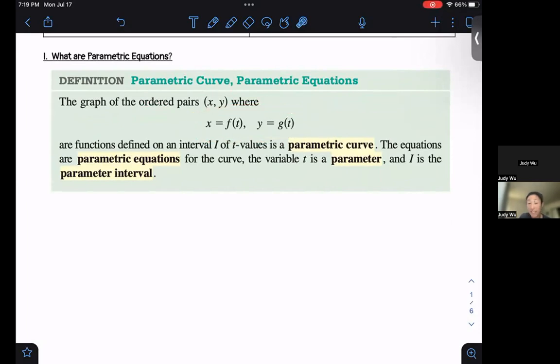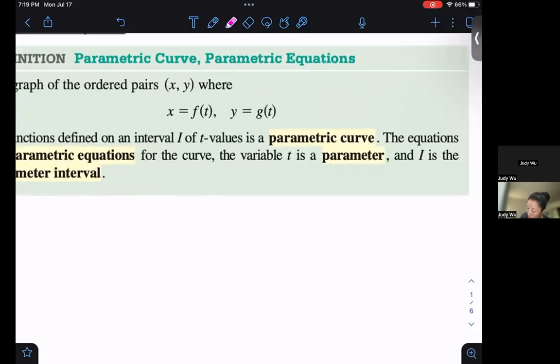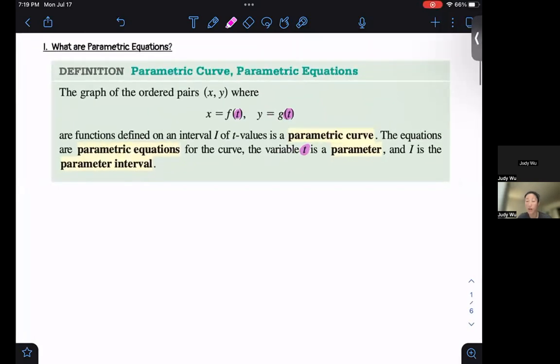If these functions are defined on an interval of t values, then we have something called a parametric curve. The equations are the parametric equations. And if you're wondering why they're called parametric, it's because t is what we call the parameter.